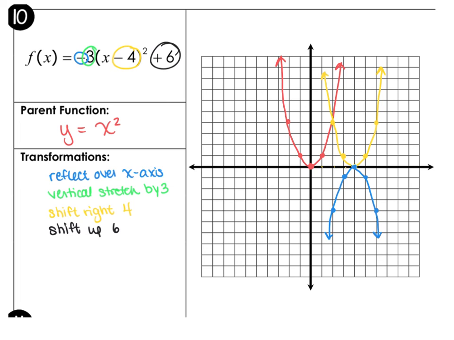Now we're going to do a vertical stretch by 3. So what that means is whatever y value I have, I'm going to multiply that by 3. So a y value of 0 is going to stay at 0, but a y of 1 is going to move up to 3. 1, 2, 3. So same thing on this one. Here I have a y of -4, so that's going to go down to -12.